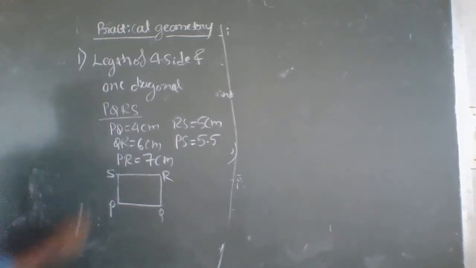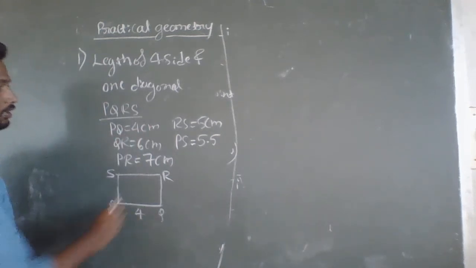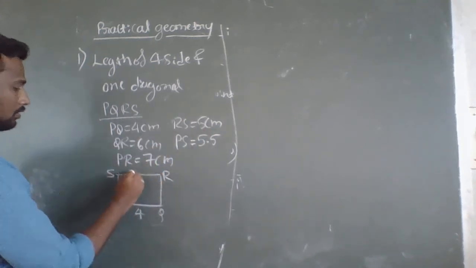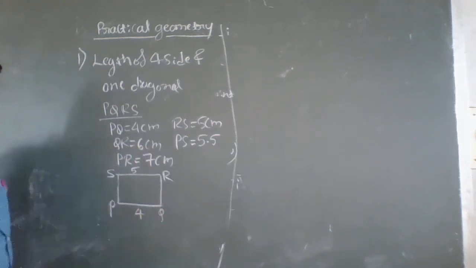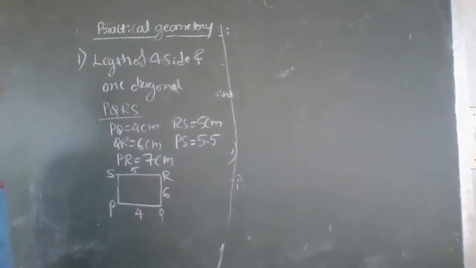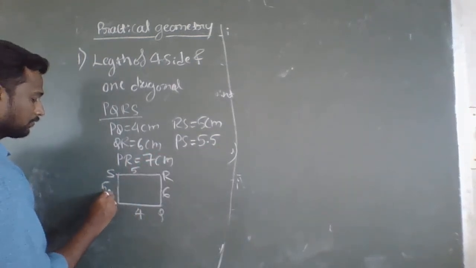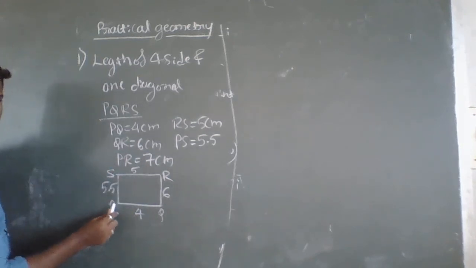Here PQ is 4 centimeters, RS is 5 centimeters, QR is 6 centimeters, and PS is 5.5 centimeters.